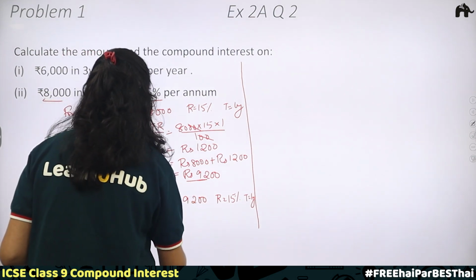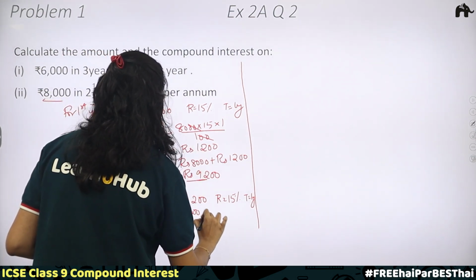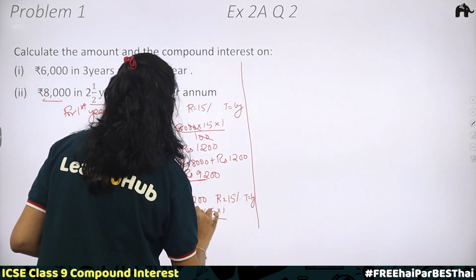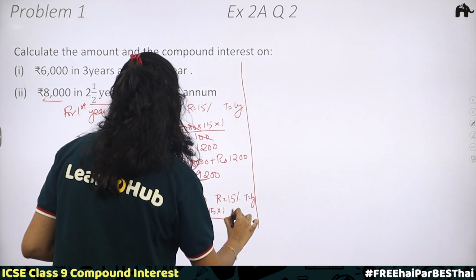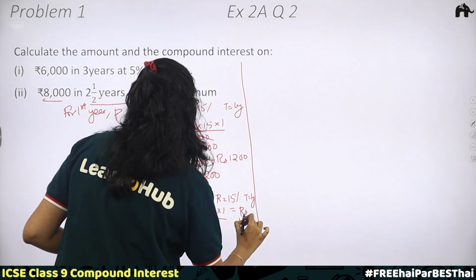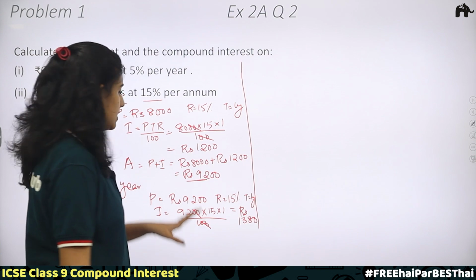Okay, then the interest will be equal to PTR by 100, 9,200 into 15 into 1 whole divided by 100. Zeros get cancelled, 92 into 15, you will be getting rupees 1,380. Okay, rupees 1,380 is the interest.